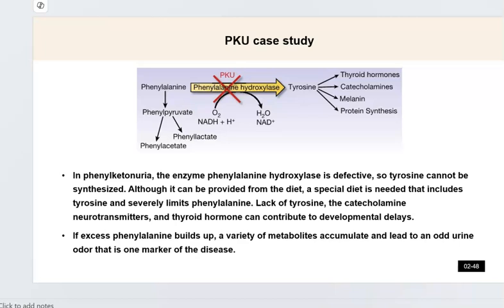Amino acids contain carbon, hydrogen, oxygen, nitrogen, and sulfur. Individual amino acids have properties conferred by their unique side chains. Remember, amino acids are the building blocks of proteins, chains of amino acids linked by peptide bonds.